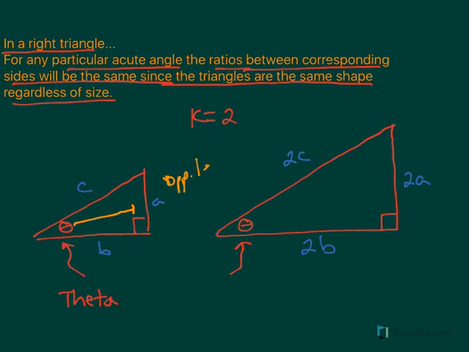So this is the opposite leg. And then if we look at the hypotenuse, and we compare those two numbers, then the ratio would be the length of A compared to the length of C. So this is going to be an A to C ratio. Notice if we do the same comparison in the bigger triangle, so if we go here and we look opposite, we get 2A.